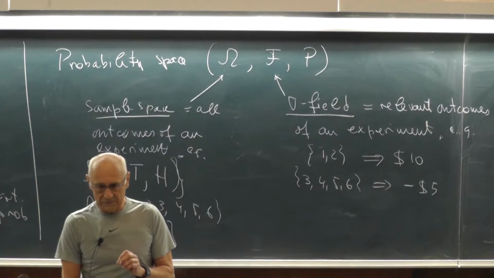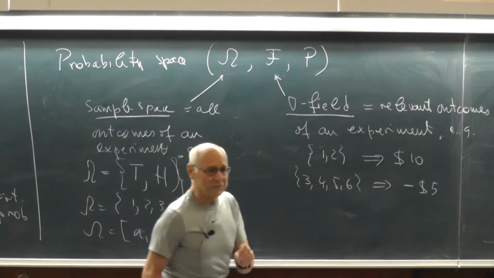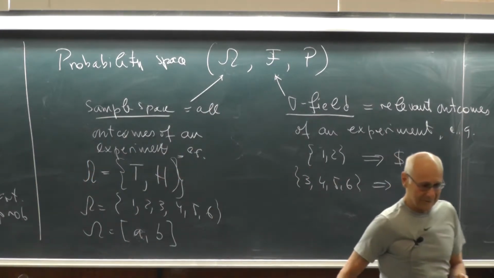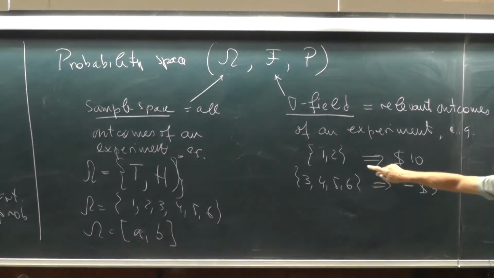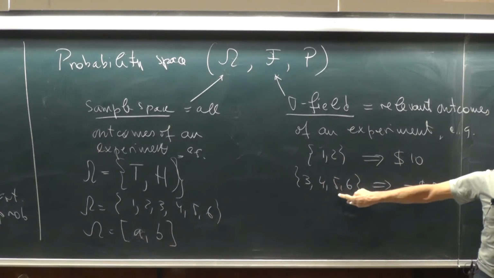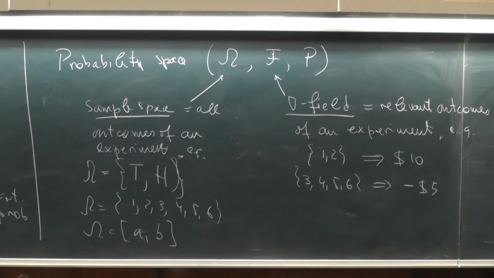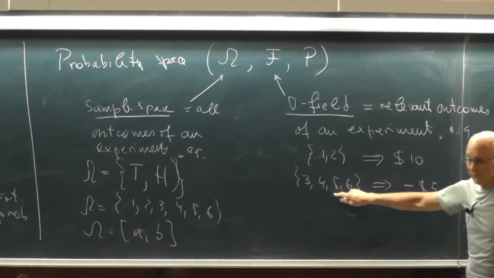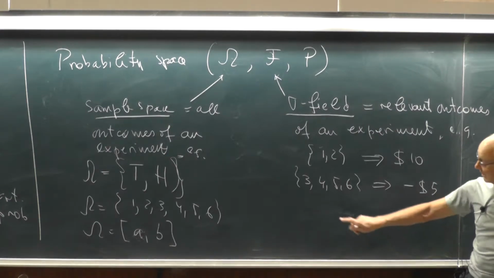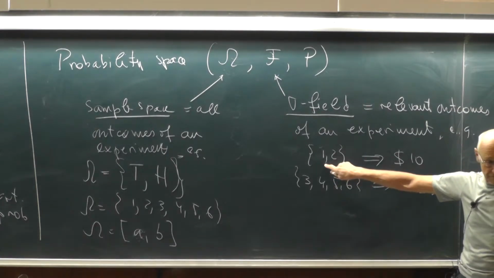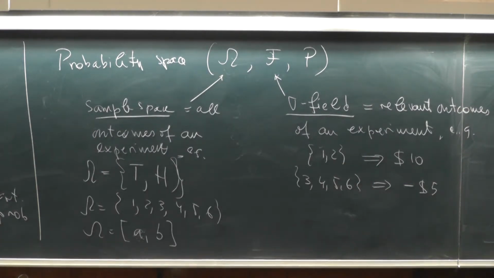Now, in this game, whether it's 1 or 2 is irrelevant. All you need to see is if the outcome is in here or in here. That defines the game. So these are the relevant outcomes of this experiment. You don't care whether it's 3, 4, or 5. Only whether the outcome is within this set or within this set defines the game.